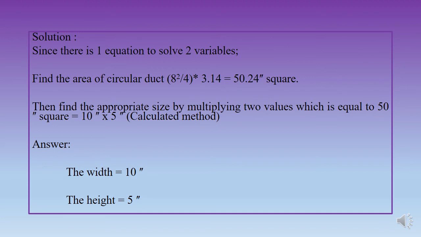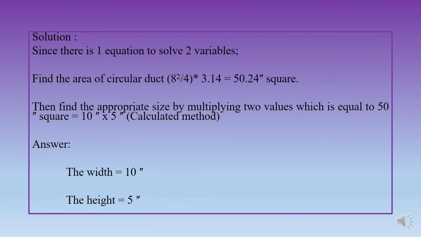So what you can do is actually to calculate the area of the circular duct by using the formula pi r squared, and you will get 50.24 inch square. Then you just find an appropriate size by multiplying two values, width times the height.